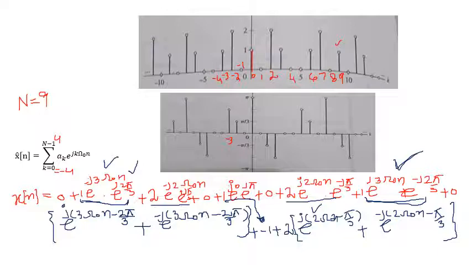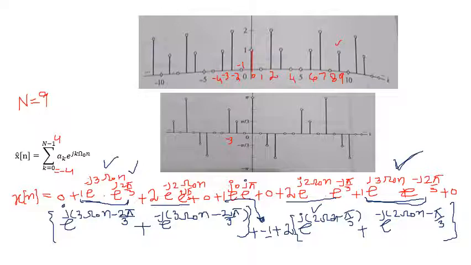Similarly, 1 into e power j 0 will result into 1, and e power j pi will result into minus 1. So 1 multiplied by 1 multiplied by minus 1, so it will result into minus 1. Similarly, I have taken 2 common from here and doing the same logic, based on the same logic which I did here. So I have written this one.